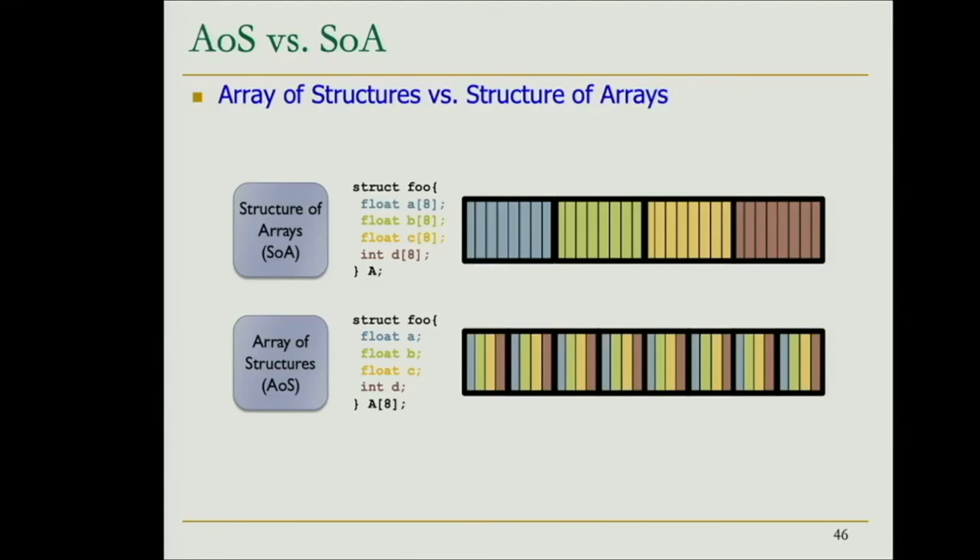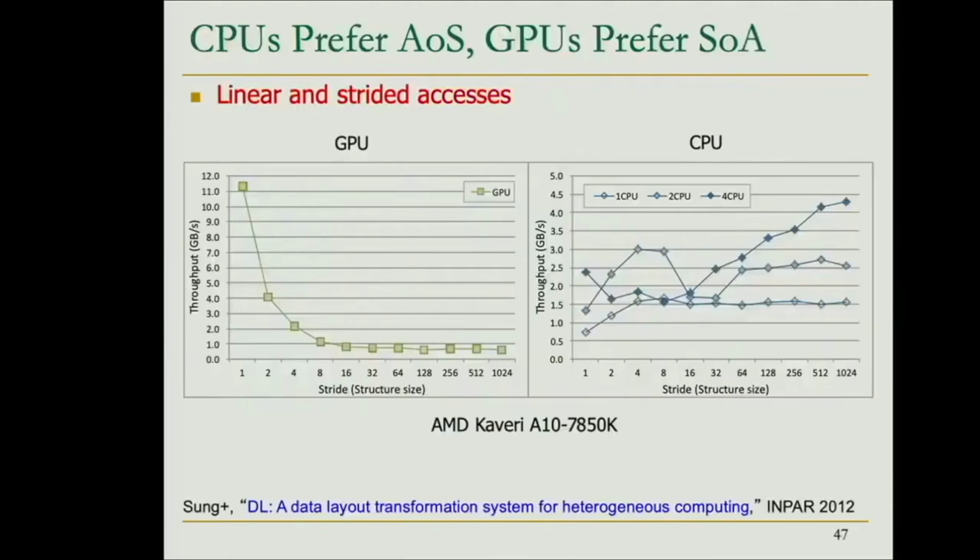While here, there is already a stride between these accesses, so more likely that I will need more memory transactions, right? And actually, you can see in the next slide a comparison of accessing these kinds of organizations.